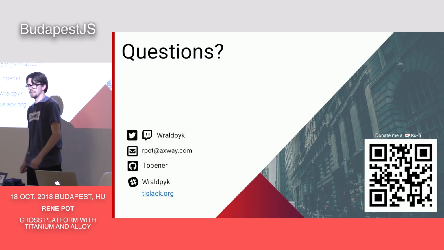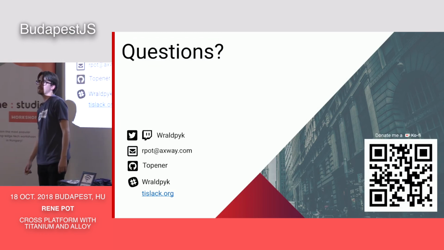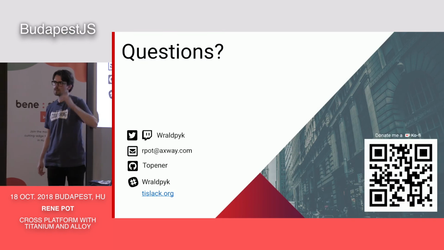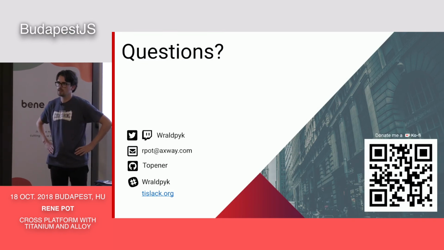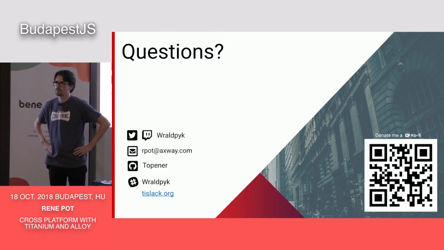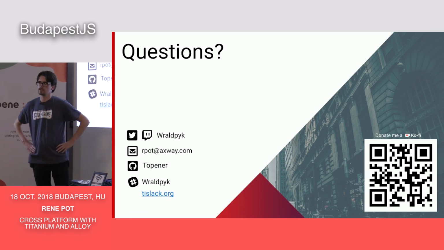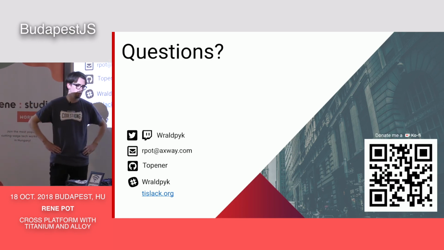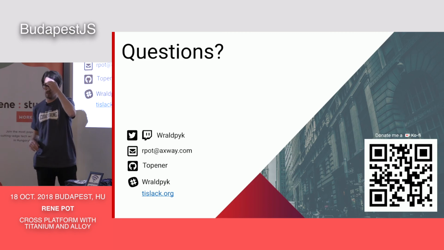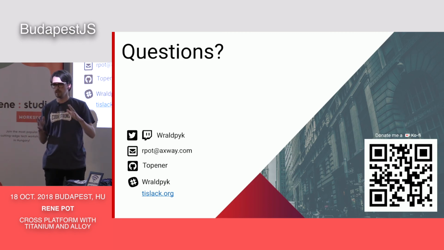Any questions? Yes. You wrote your styles in .dss. Is that like a CSS preprocessor or something? The first thing I usually say about DSS is it's not CSS. There are some commonalities, but in Alloy you have an XML file, a DSS file, and a JS file.